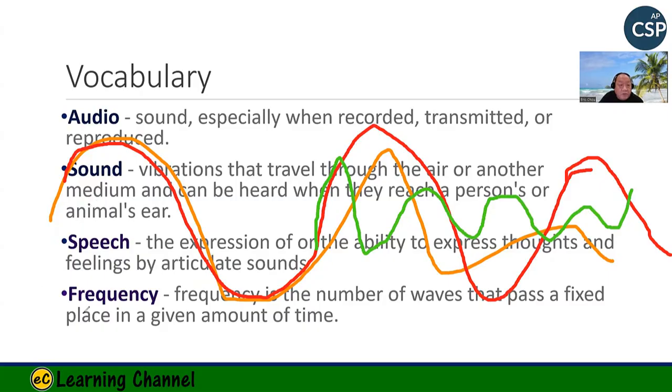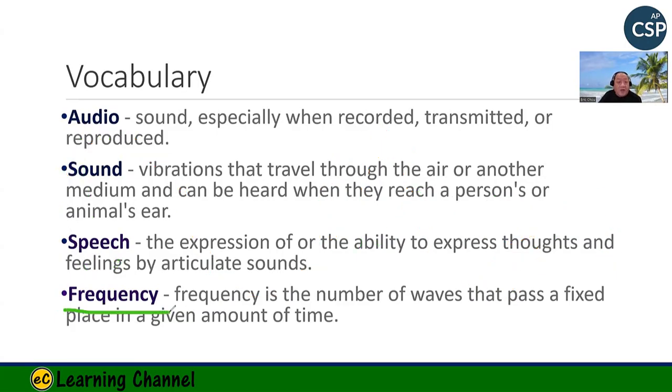So your audio may be represented by multiple frequencies from low frequency to high frequency. High frequency gives you a very sharp, very piercing sound. And low frequency gives you bass, a very powerful but low key sound. Is that okay so far?